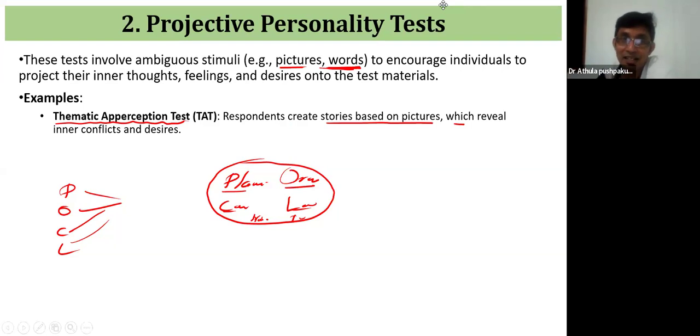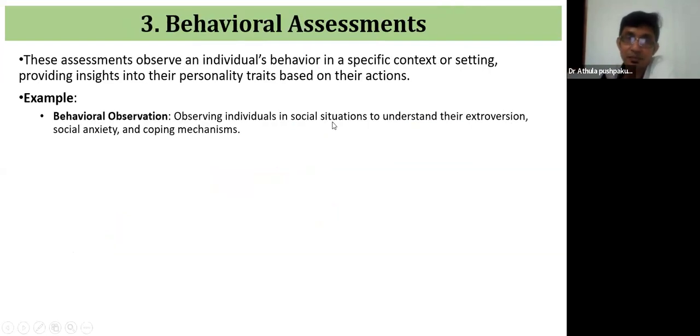Another point, behavioral assessment. This assessment observes an individual's behavior in a specific context or setting, providing insight into their personality traits based on their actions.